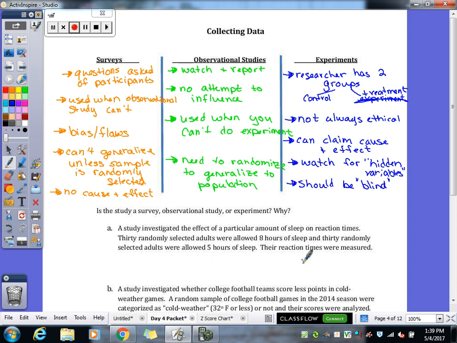The way to make it best is your experiment should be blind. Do you guys know what it means to be a blind experiment? Danielle? When the person doesn't know what they're getting and the person taking it. Yeah, everything's completely unknown. The person doing the experiment doesn't know who's in what group. The person that's participating in the experiment also doesn't know what group they're in. So it's completely blind. They don't know what's what until you look at the results at the end.